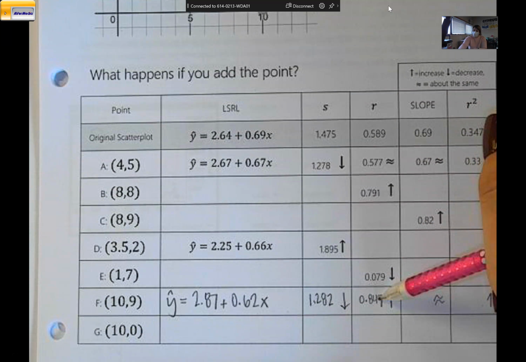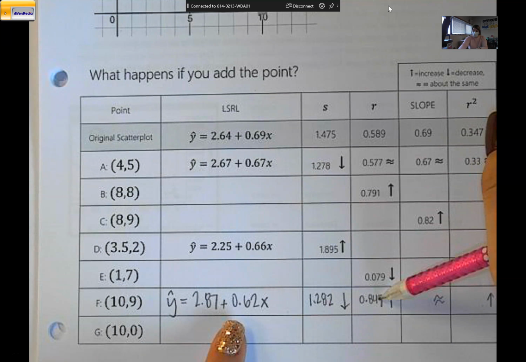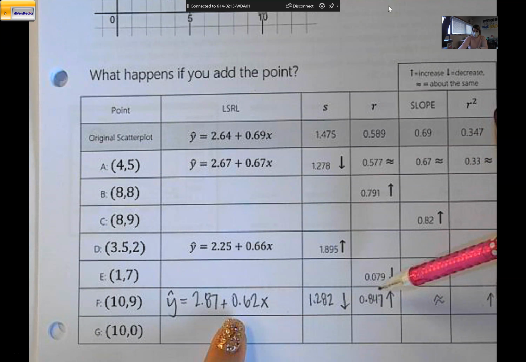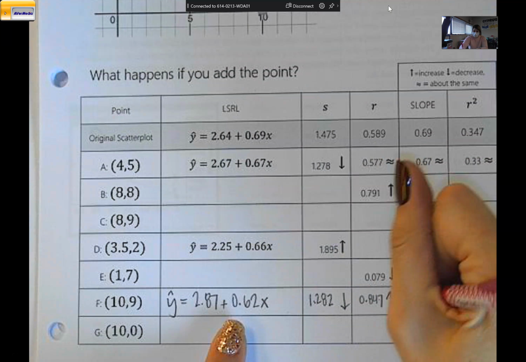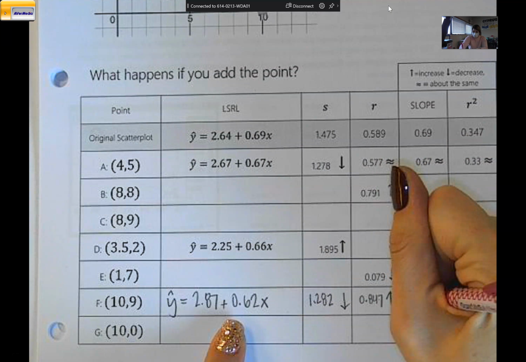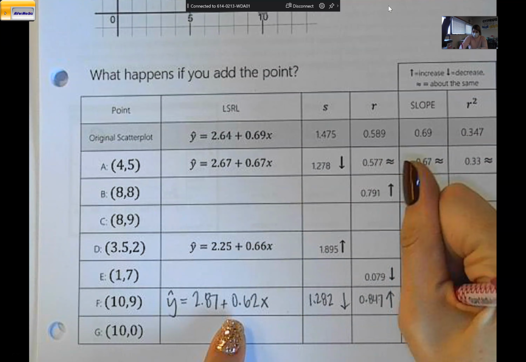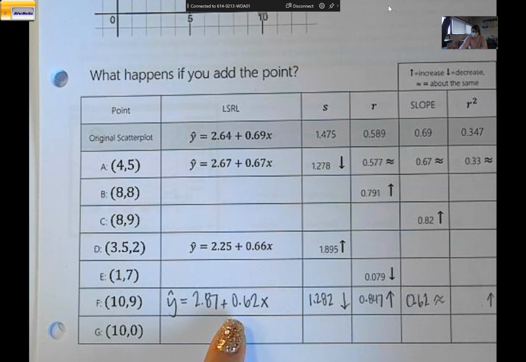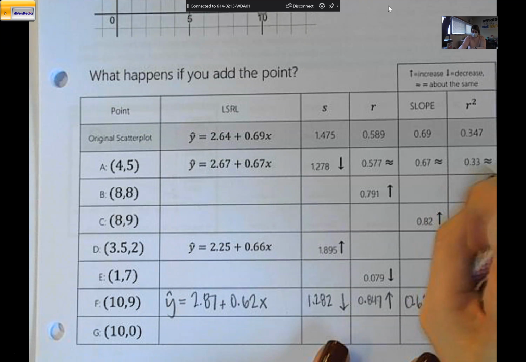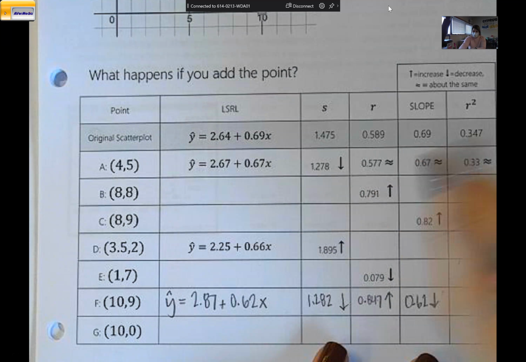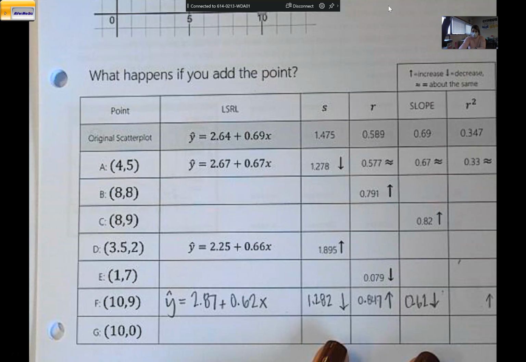Correlation did increase. Slope went to 0.62. Is that what you guys got? Yes? So slope decreased a little bit. R squared did increase.